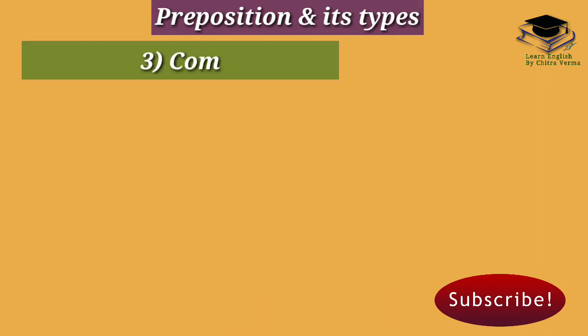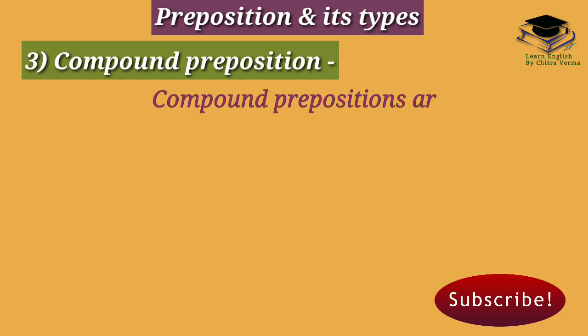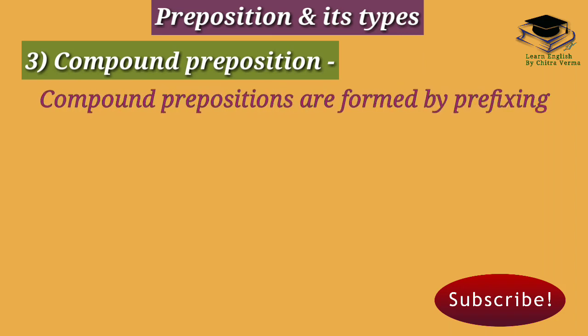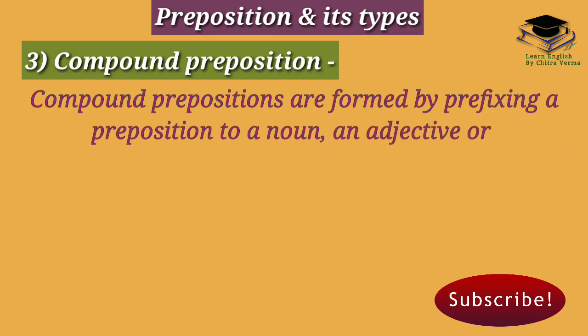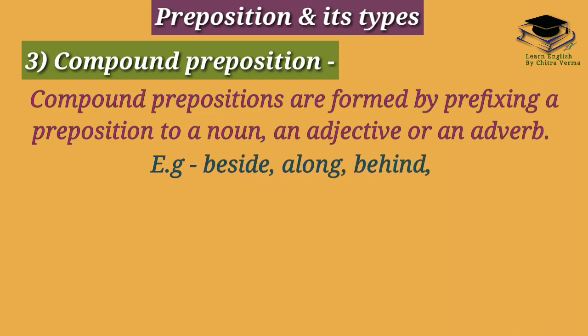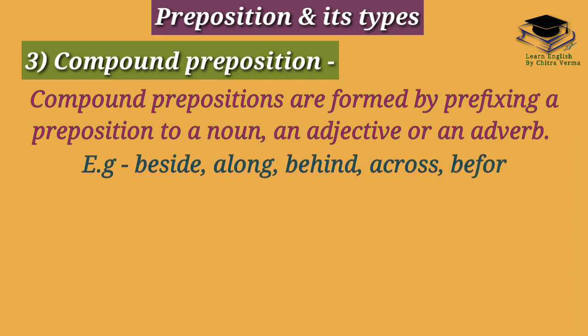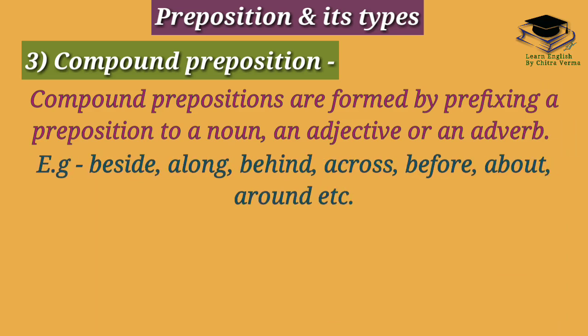The next type is compound preposition. Compound prepositions are formed by prefixing a preposition to a noun, an adjective, or an adverb. For example, beside, along, behind, across, before, about, around, etc. These are the examples of compound preposition.